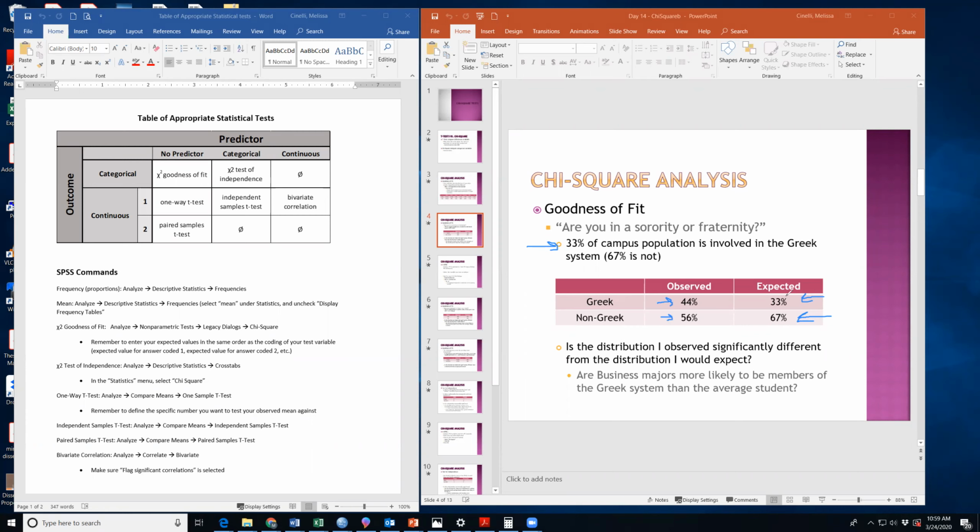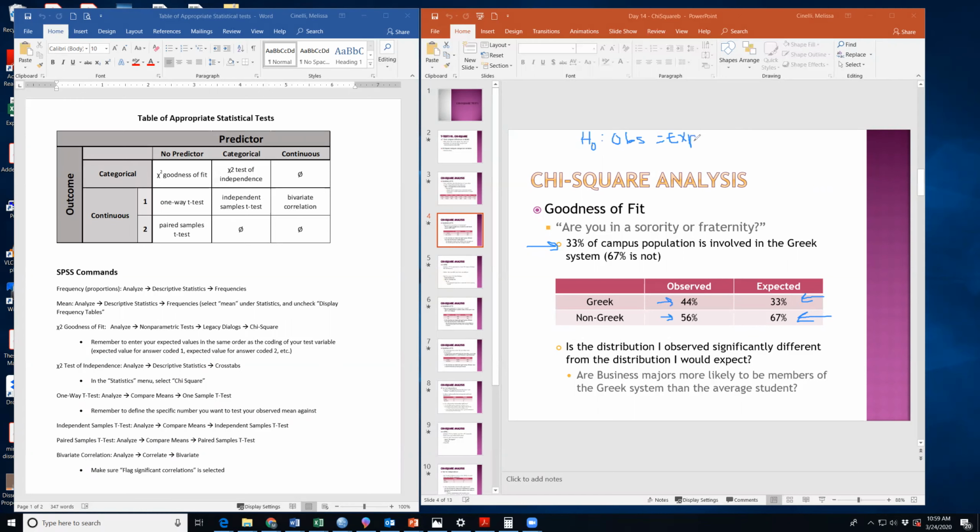And so the question is, given that we are seeing these differences between the groups, are these differences pretty small, all right? And we think it's just a fluke of our specific sample, right? We don't think that there's really a difference between our business students and the general student population, all right?